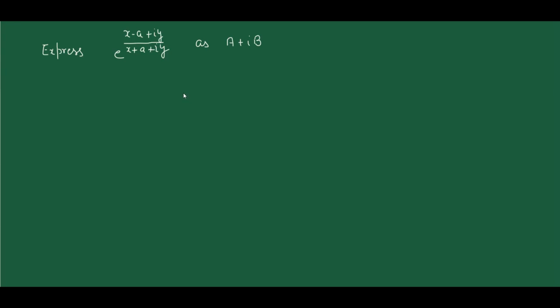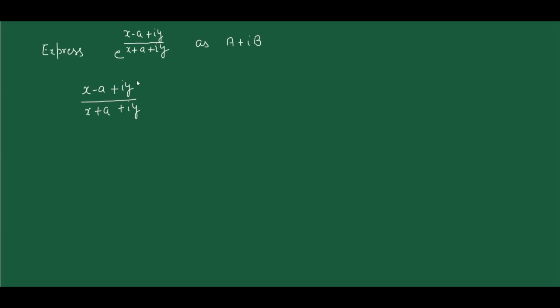So let's discuss one more question of this type. In this question we have to again express this expression as a plus iota b. It means we have to separate real and imaginary part. So again in this question, first you have to simplify this divided by x plus a plus iota y.